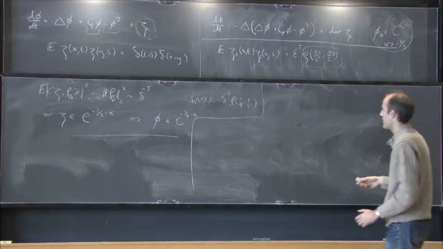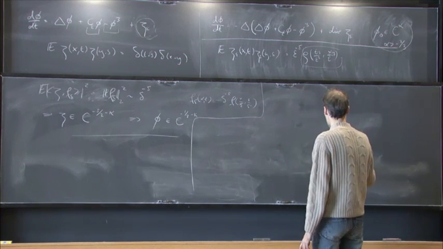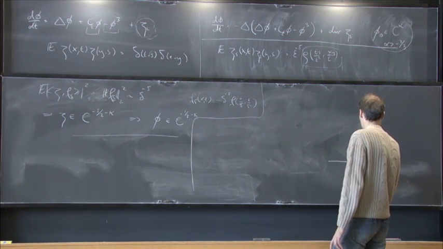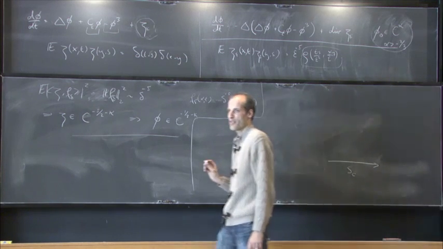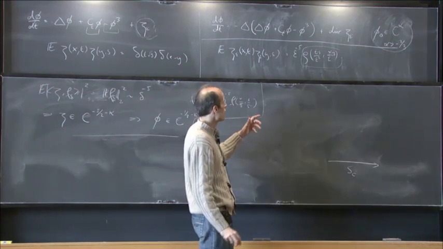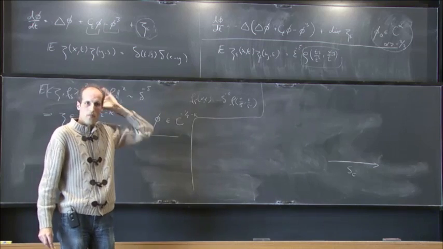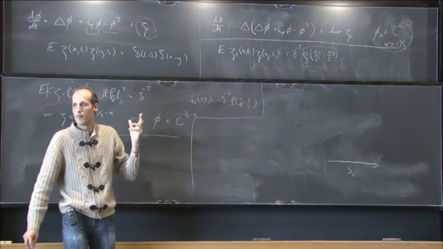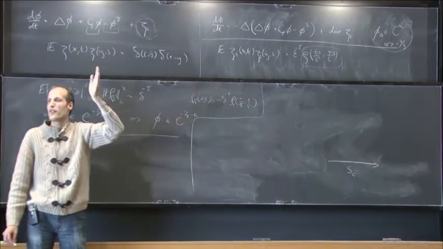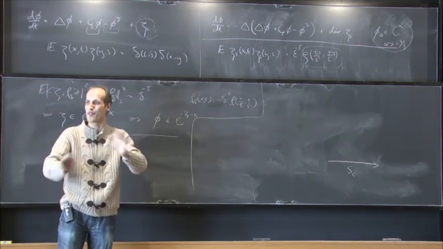I have 5 minutes. Let me just draw a cartoon of how this works. So here you'd have the usual solution map. Let me write S_C for the classical solution map to, say, a PDE of this type. Well, you view a fixed realization of the noise as just a deterministic smooth input.